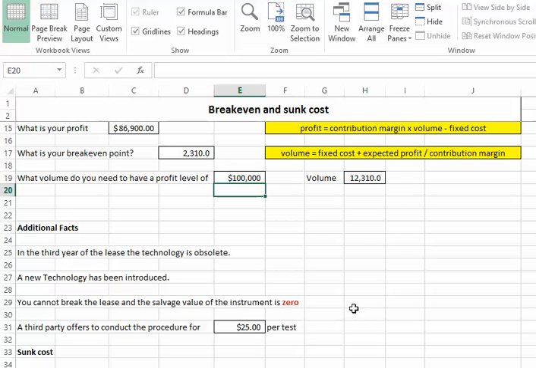A new technology has been introduced. Now the problem is that we can't break the lease and we can't sell the instrument because the salvage value of the instrument is 0. Let's further state that a third party has proposed that his or her company can do the test for $25 per unit.